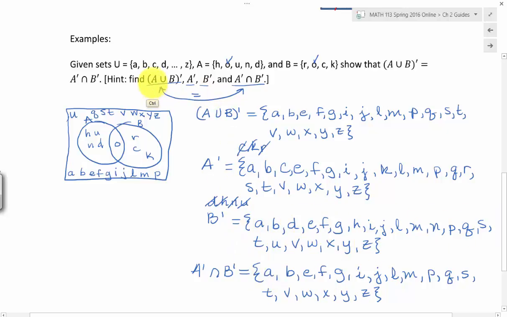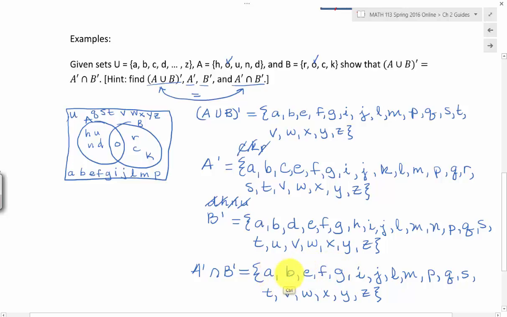Now the last thing is to see if this A union B complement is the same thing as A complement intersect B complement. So I'm really comparing this set with this set. I want to see that they are equal, which means they should have the same number of elements and all the elements should match.